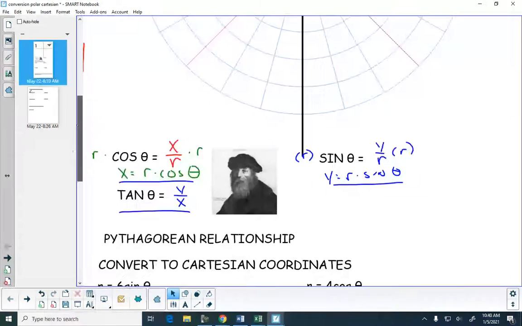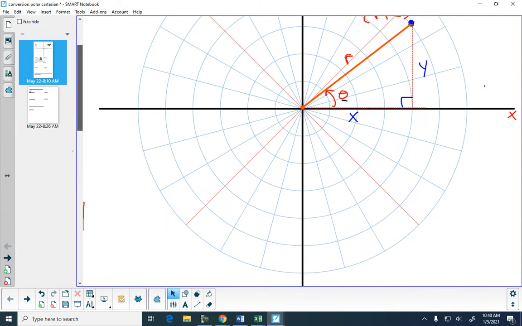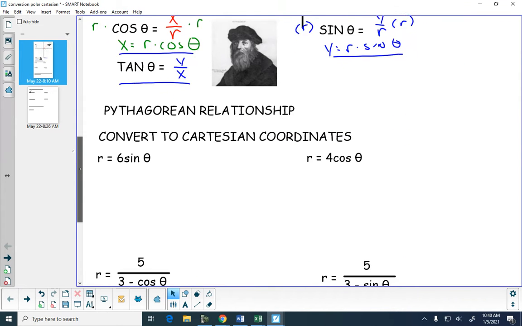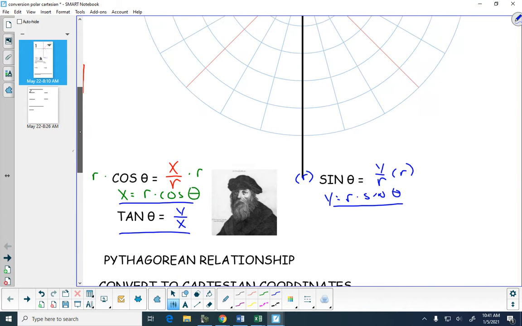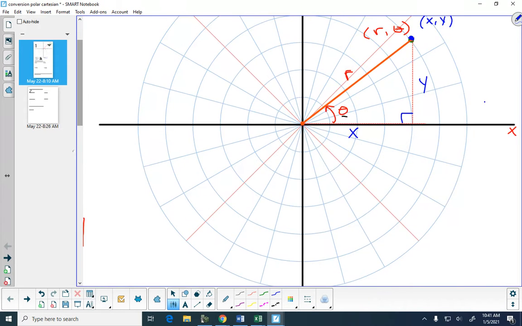What would our good old buddy Pythagoras say about our triangle up here? Molly, what would our good old buddy Pythagoras say about our triangle? I'm not sure.